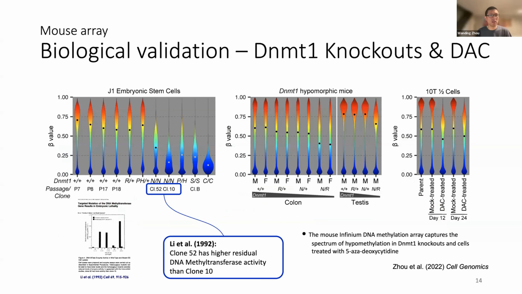And then we also want to validate the new arrays in terms of their capability to capture biological variations. This is to show an experiment with cell lines and mice with mutant DNMTs, or cells that are treated with DNMT inhibitors, in this case 5-aza-deoxycytidine.